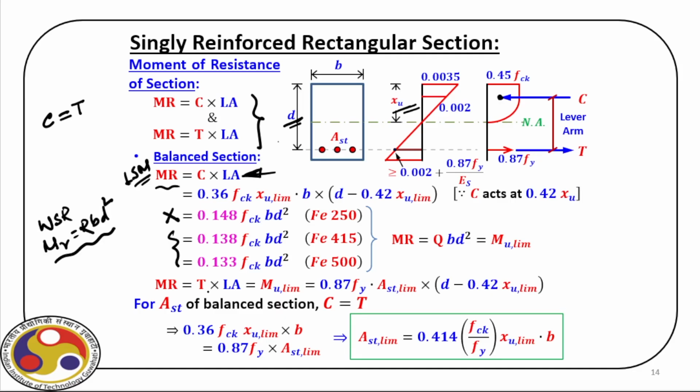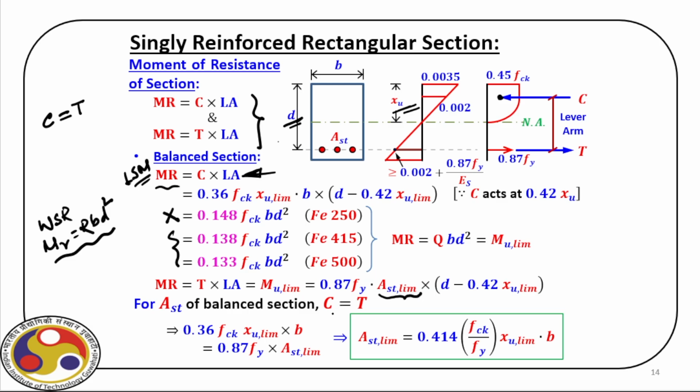Now for balanced section, again, we can do the same thing using T times LA. So the tensile force is nothing but the maximum allowable stress in steel, that is 0.87 fy, times the amount of steel you have, Ast limit, then times the lever arm, which I have already explained. Now again, in this expression we are yet to know the limiting value of steel.